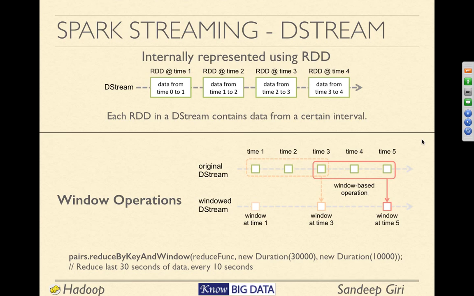Now the next is that DStream provides you the computation on top of RDDs, and let's see the window operations. You can see that although the data is coming at a very fast pace, we are creating the batches out of the data, and those batches are becoming the RDD at various points of time.